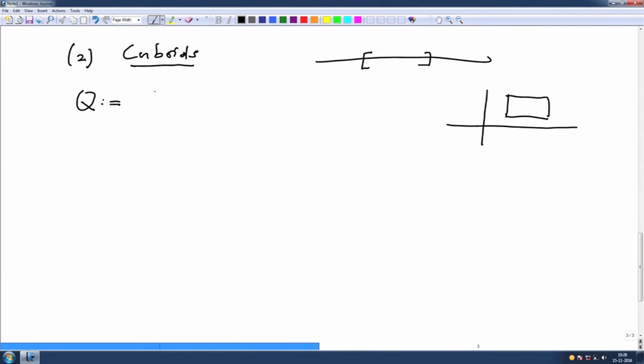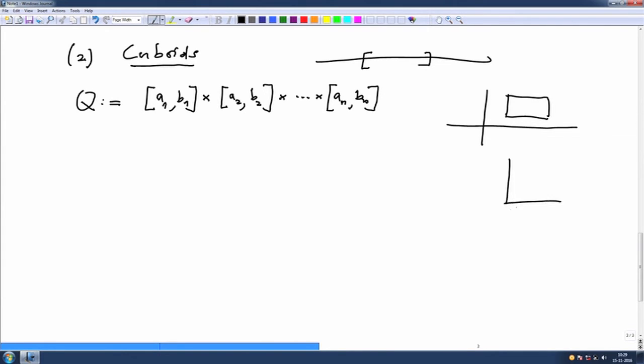This is by definition: you take the closed interval a1, b1, cross a2, b2, cross up to an, bn. So for n equal to 3, typically a cuboid will look like this. Not necessarily all of equal length, maybe different lengths, but this is a cuboid.